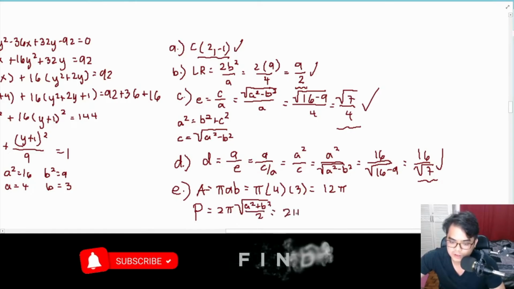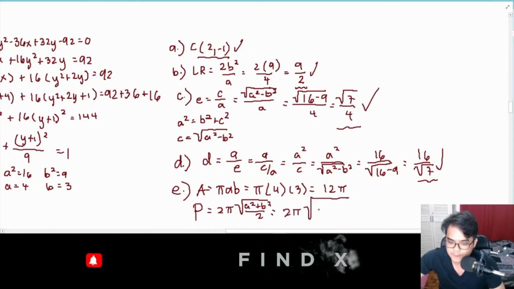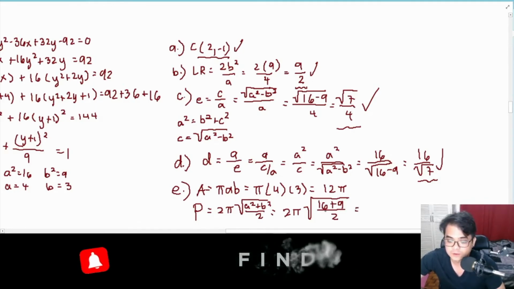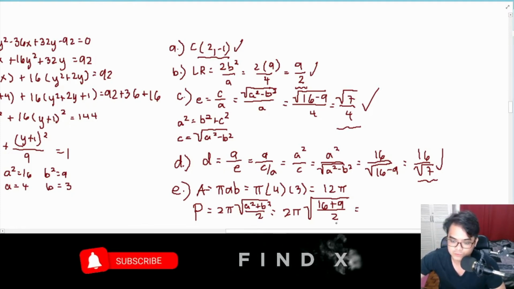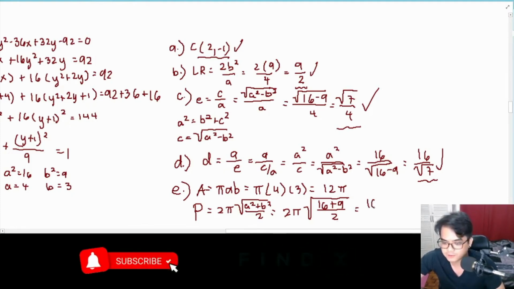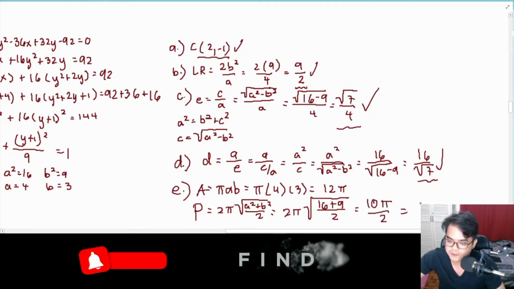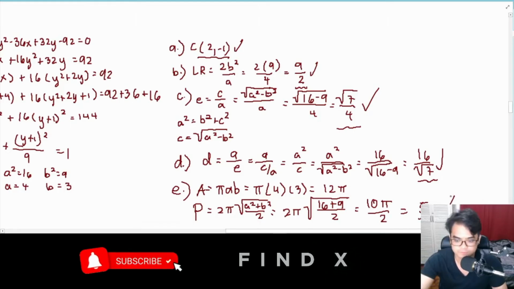So this is 2 pi square root of a squared is 16, b squared is 9, all over 2. That's 25. This is 25 over 2. Square root of 25 is 5, right? So this will become 10 pi over 2, or 5 pi. Okay?